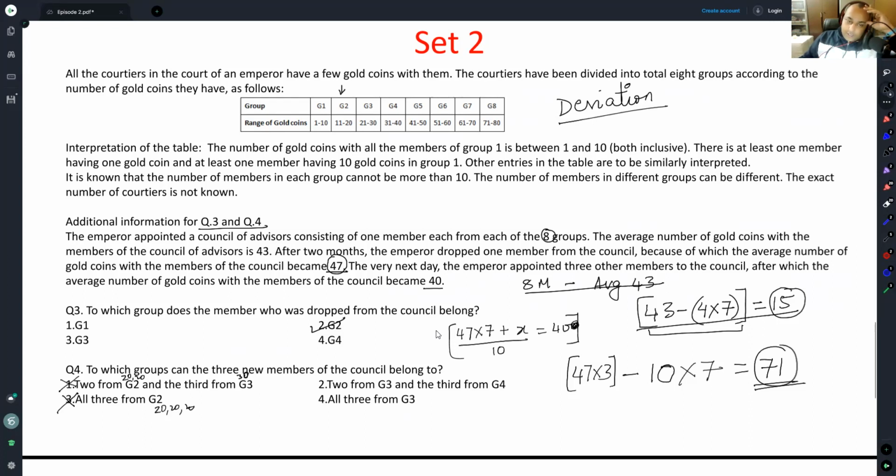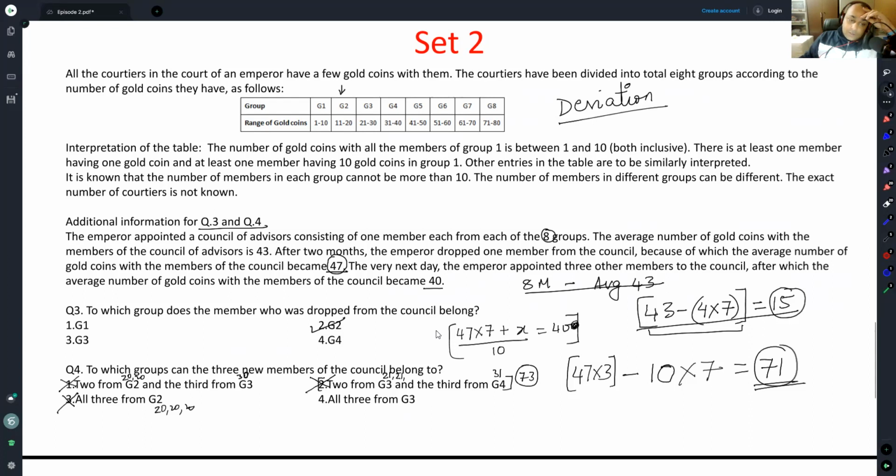Let us look at the second option, 2 from G3 and 3rd from G4. So I'm saying instead of taking maximum this time, I'm taking the smallest possible range. If I took 2 from G3, 21, 21, and 31 here, can you see that the minimum possible total that you would reach is 73, which is more than the 71 that we desire.